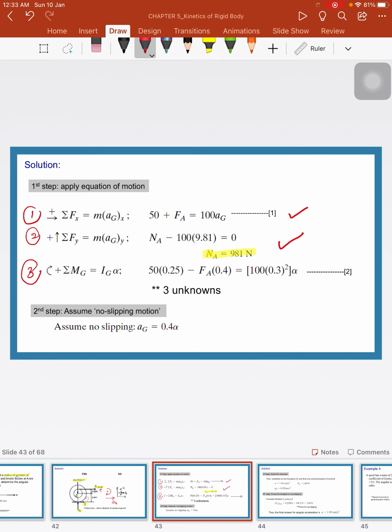So negative FA times 0.4 equal to Ig alpha.